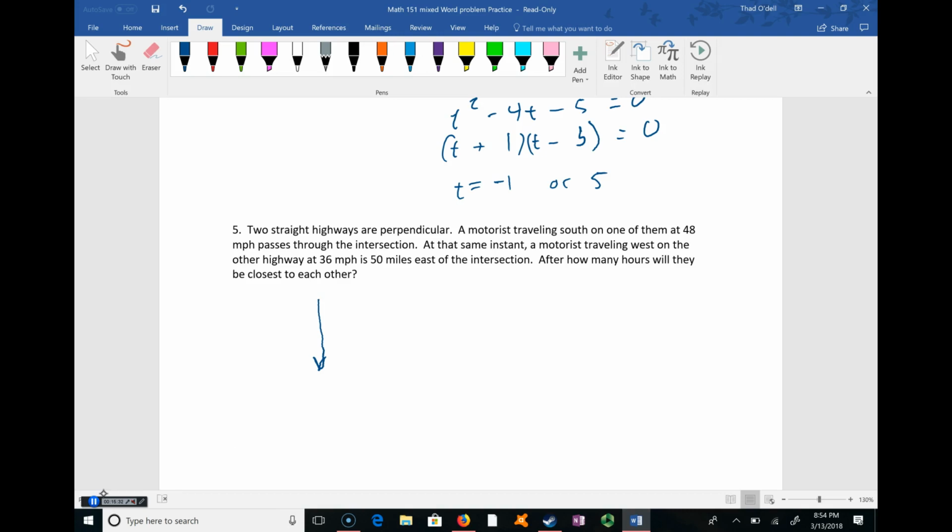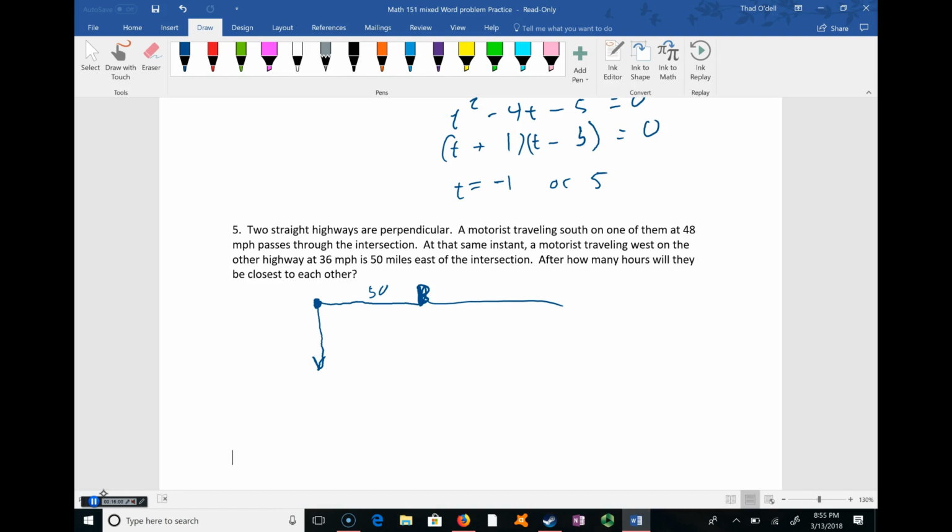So this guy starts 50 miles east and then goes like that. So when the south going motorist passes here, the other guy's right here. And then goes 36 miles per hour.